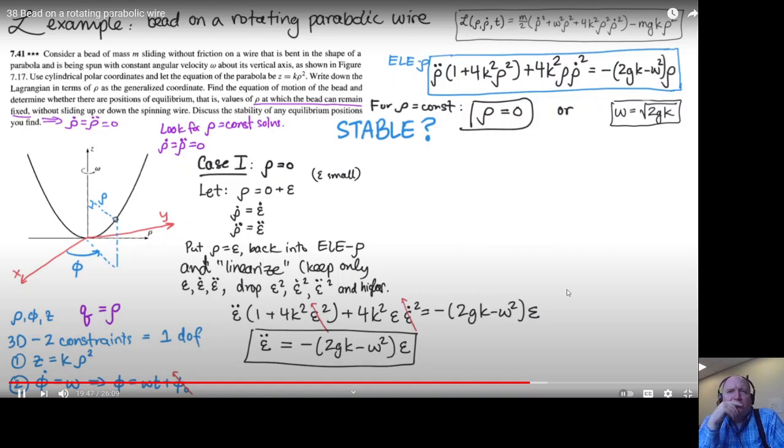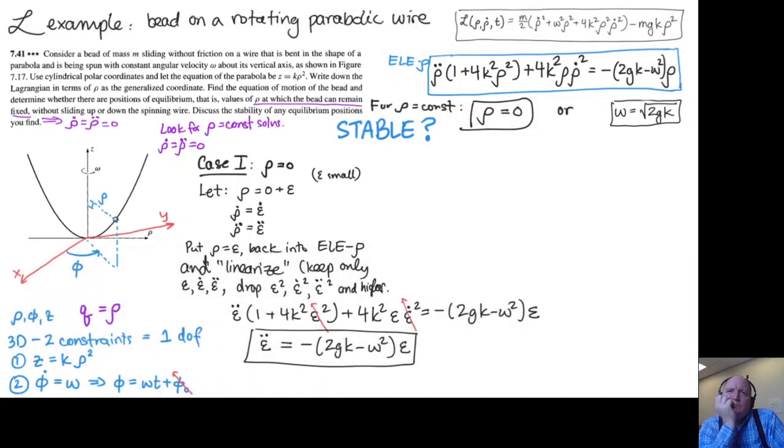Of motion that looks a lot like a mass on a spring, right? I mean, a function's second derivative gives you back minus a constant times that function. So this is stable as long as the term in the parentheses is positive. So this is stable if 2gk minus omega squared is positive, so that the overall relationship between epsilon double dot and epsilon has an overall minus sign. Cool. Okay, so we have a condition now.